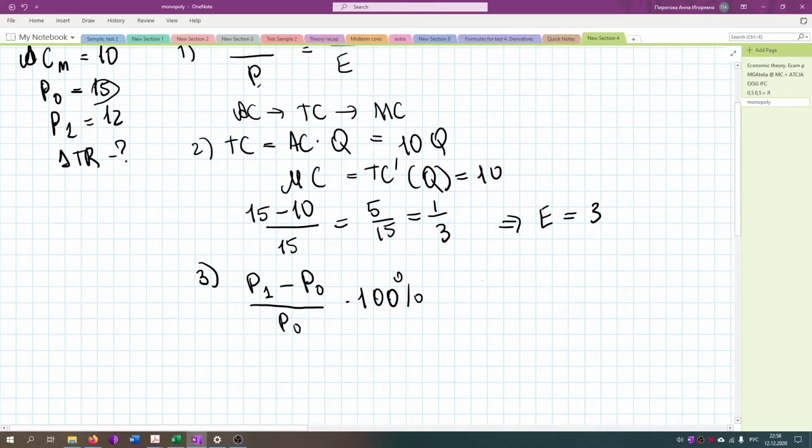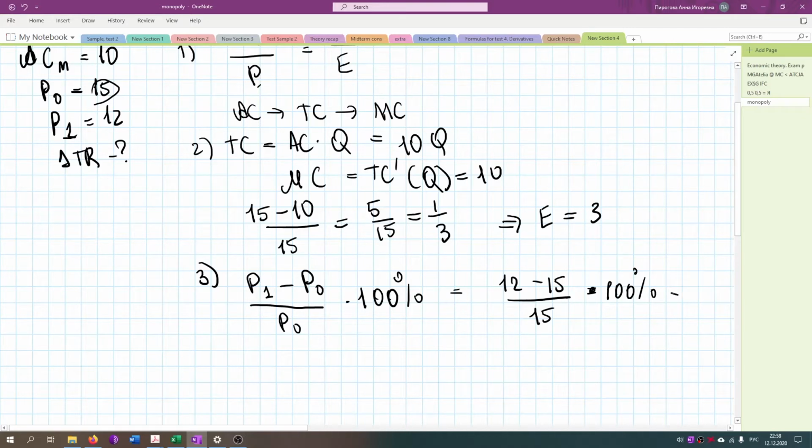So from the task we see that our new price is equal to 12, while our initial price is equal to 15. We need to divide it by 15, multiplied by 100%.